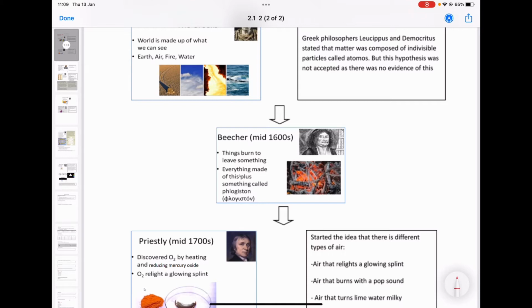Quantitative means that has to do with numbers, measurements, but they were mostly observing things. And then they observed that when you burn things, it leaves out an ash that they called phlogiston. There is actually something called the Phlogiston Theory, which was later on rejected.